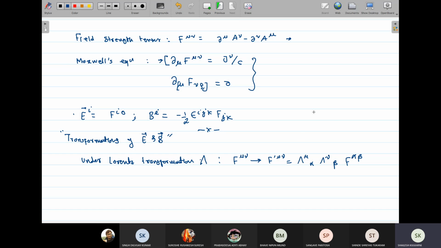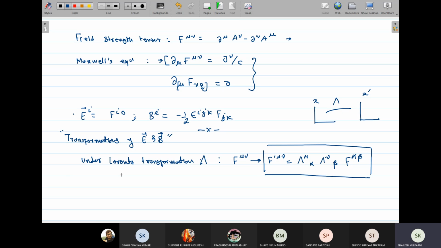So you have frame X, then you have frame X prime. This is combined notation: X0, X1, X2, X3, X0 prime, X1 prime, X2 prime, X3 prime, and so on. So I'm looking at the Lorentz transformation. I will use this relation.